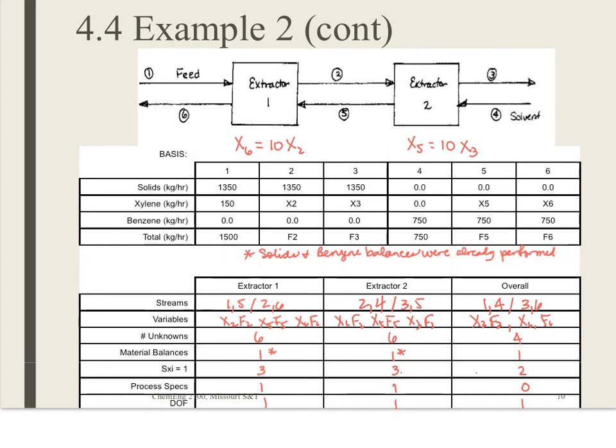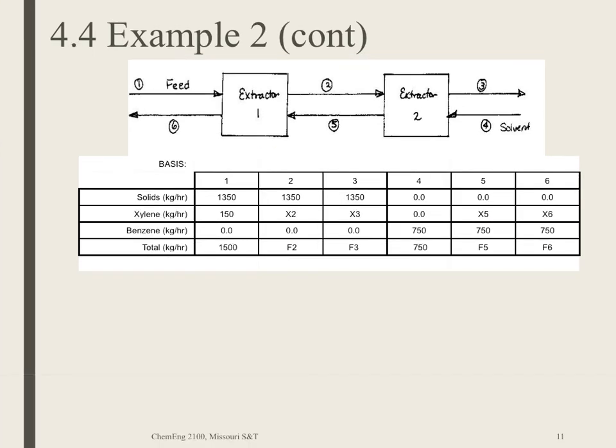So let's write what these various balances are. And I'm going to emphasize the material balance and the process specs, because those will be the ones that pertain to the solution. So my material balances. For the xylene, I have that x for xylene for stream 1 is 150, okay?